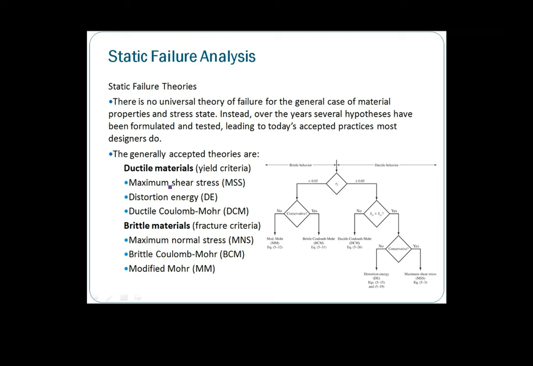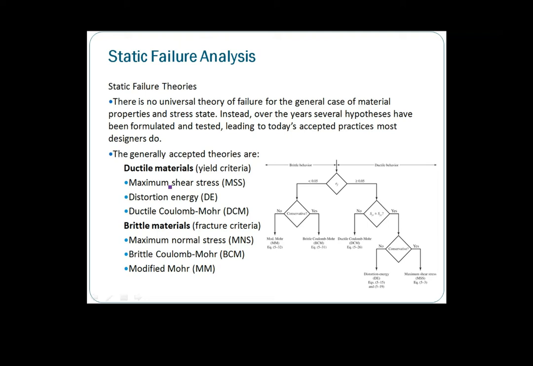So you have to look into it or evaluate it differently, using different theories. We deal with ductile material more, so you have to take note of the available theories that can be applied for ductile materials.